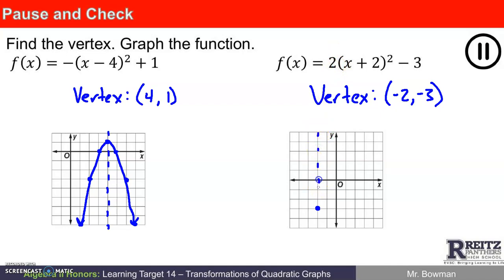Here's my axis of symmetry. Because the a is 2, instead of working away from the vertex and going up 1 first, I want to go up 2. The next one would be, the next odd number after 1 is 3, so I need to double that. I need to go up 6 now. And I can mirror those to get my shape.